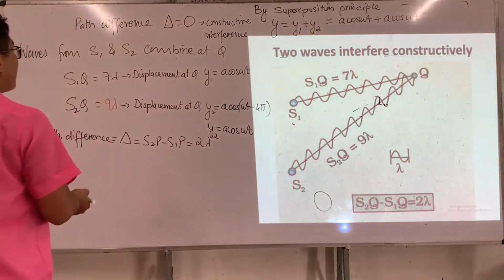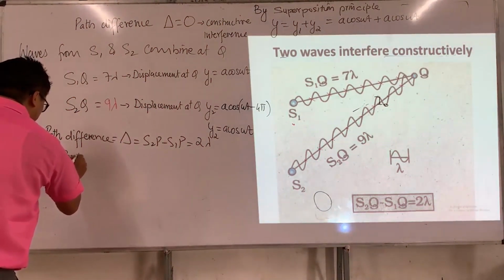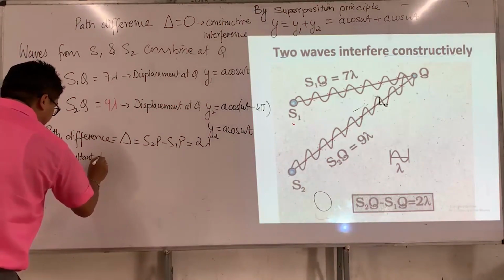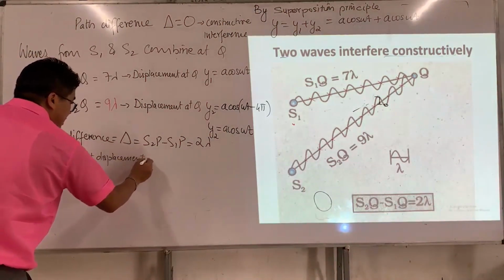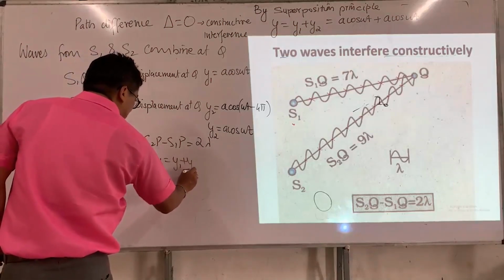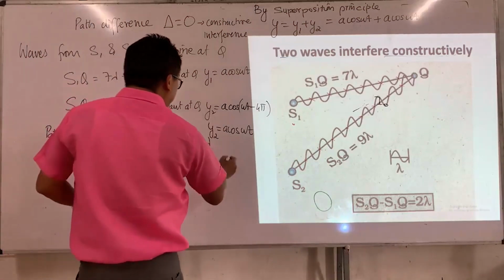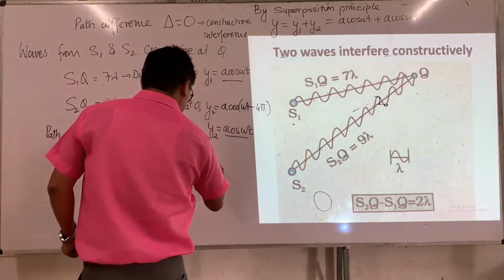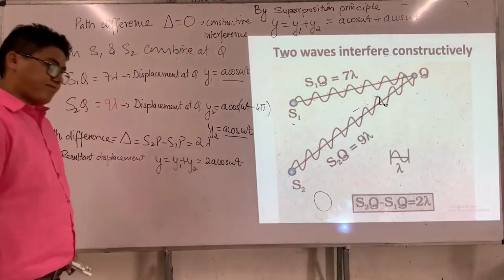Alright. So now what is the resultant displacement? Resultant displacement y is equal to y1 plus y2, which is 2A cos omega t.